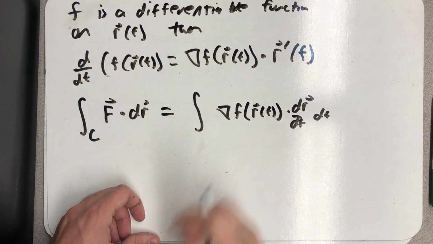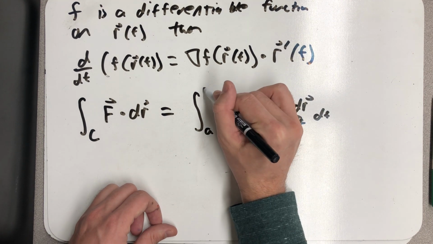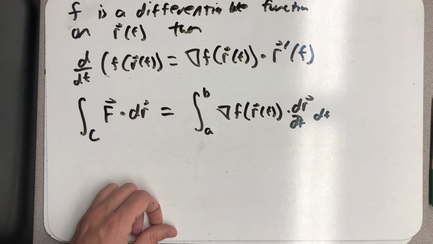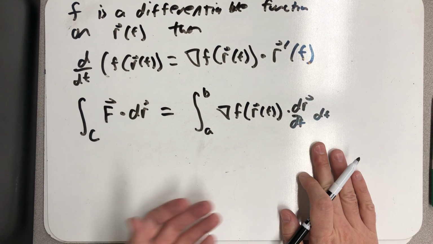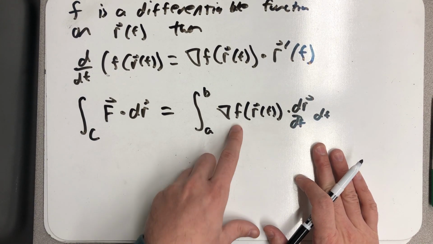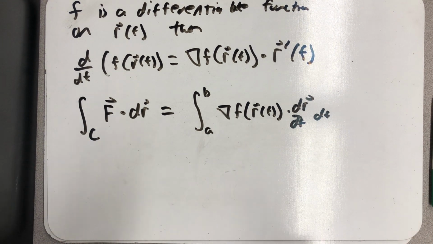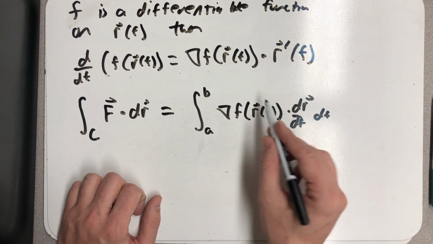And instead of saying along C, now I can imagine going from parameter value a to b. What I'm really doing here is taking my line integral and thinking about it in that computational way, and saying, hey, big F, that's not just a vector field, that was a gradient field.